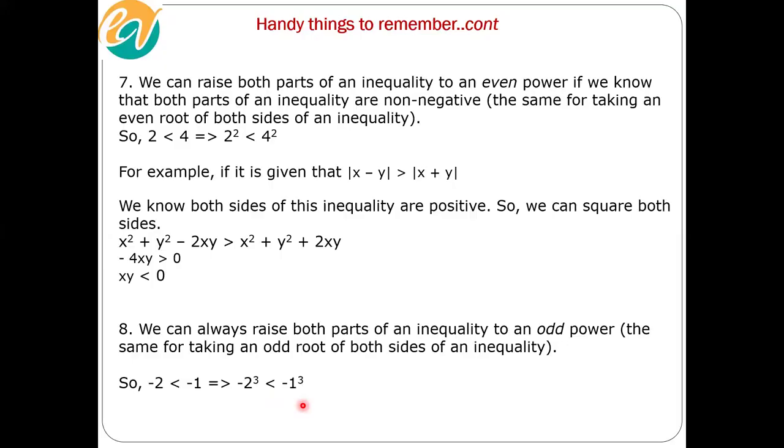On the other hand, you can always raise both sides of an inequality to an odd power, completely unmindful of whether both sides are positive, both sides are negative, one is positive, one is negative, whatever. You can always raise both parts of an inequality to an odd power, but you can raise both parts of an inequality to an even power only when you know that both sides are non-negative. That's the summary.